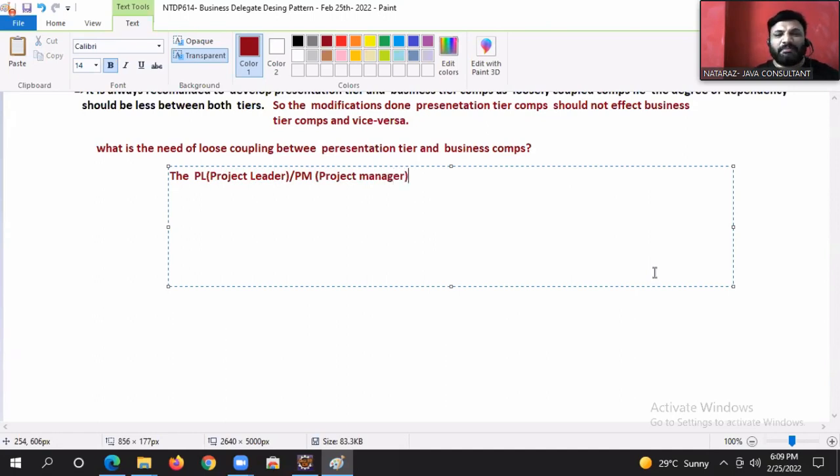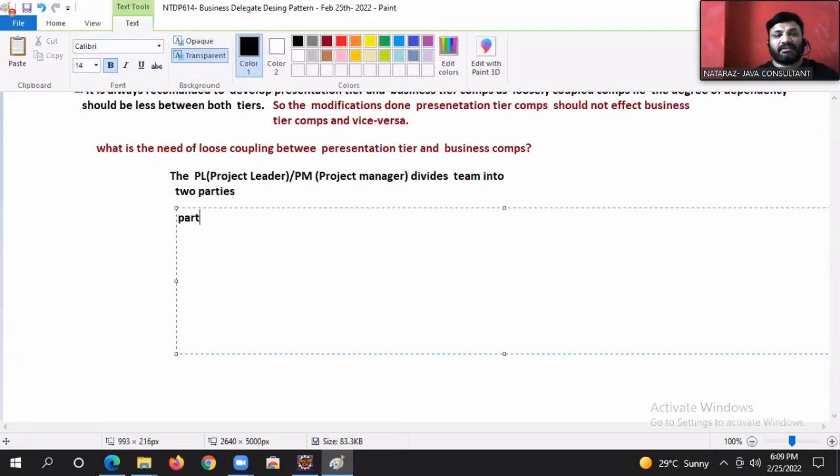The PL and PM divide the team into two parts or two parties. Right, boss. Tell me, guys.